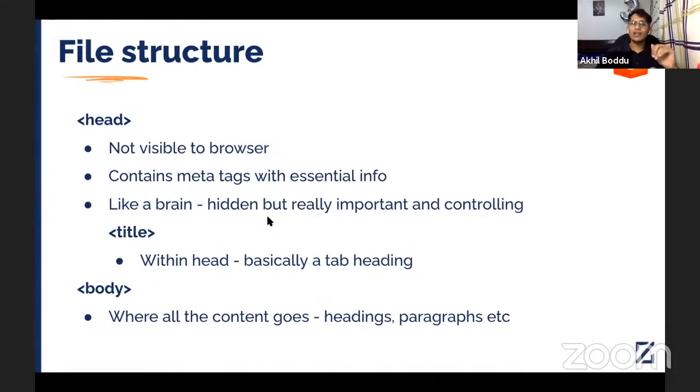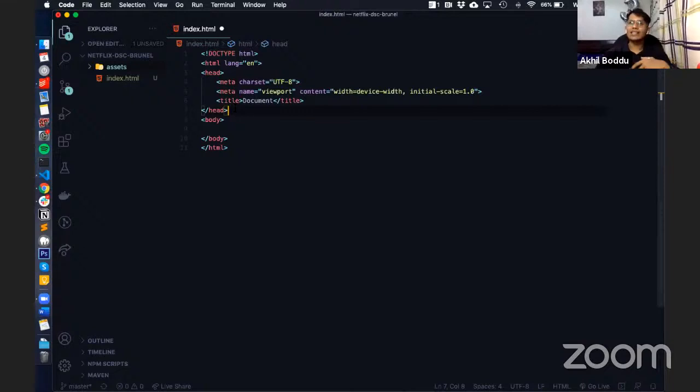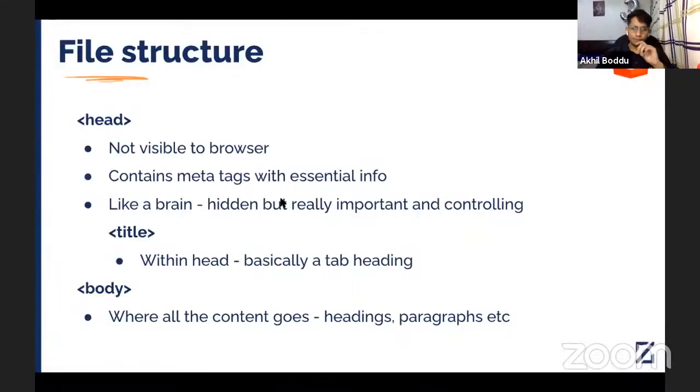And when it's in the head, we'll be able to access that information from anywhere in the document, right? So it's like the brain. It's not really visible there, but it has important information that the website will not function as expected without, the meta tags, okay? So that is just something to note.